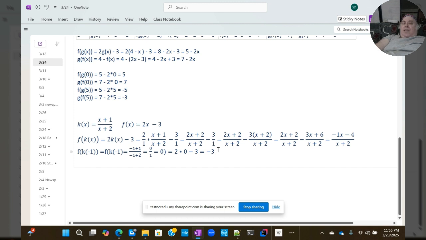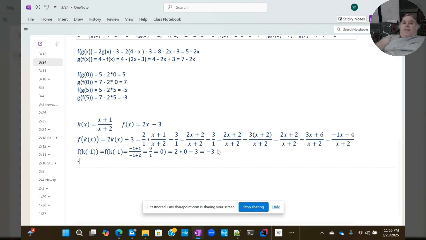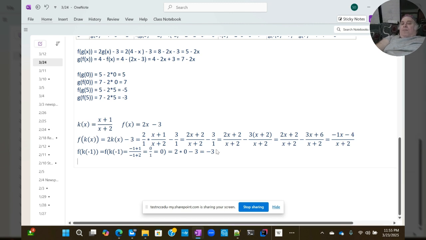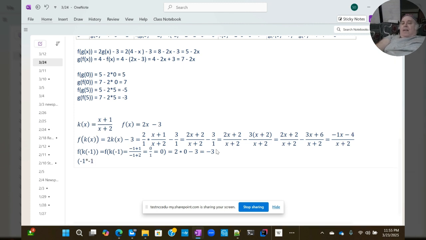Now, let's try this. We're going to do minus 1. Okay, so we'll plug it into the formula straight. Another way, so we'll do minus 1 in parentheses, minus 1 times minus 1 minus 4, divided by minus 1 plus 2. And that's also going to equal minus 3.